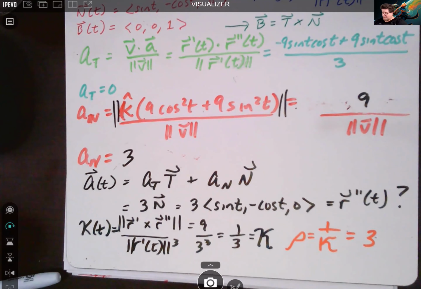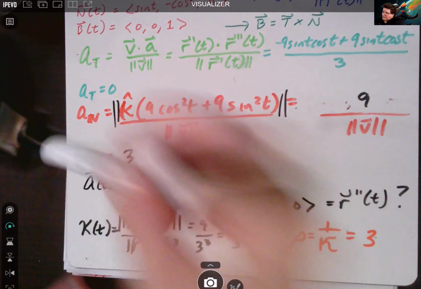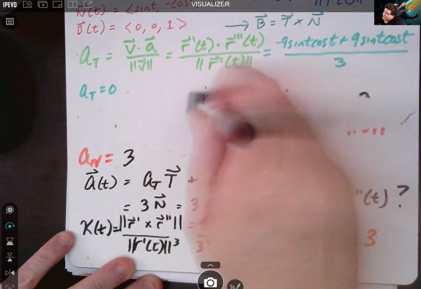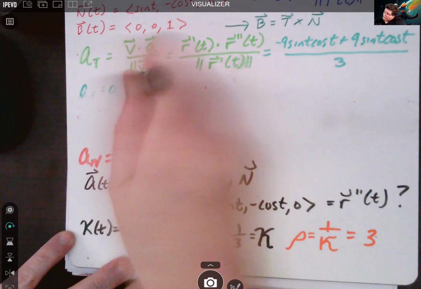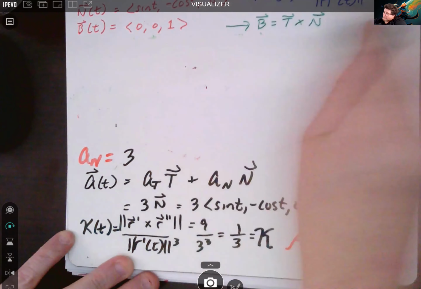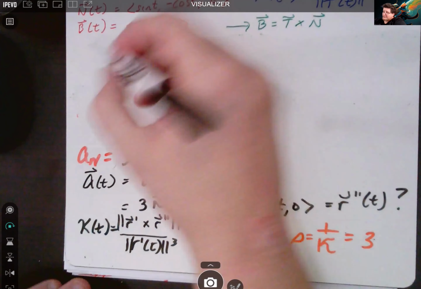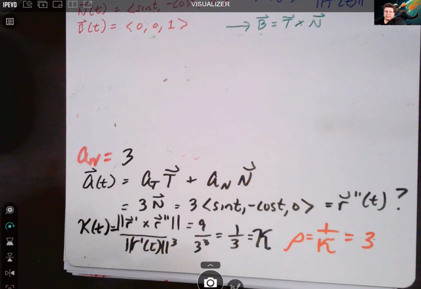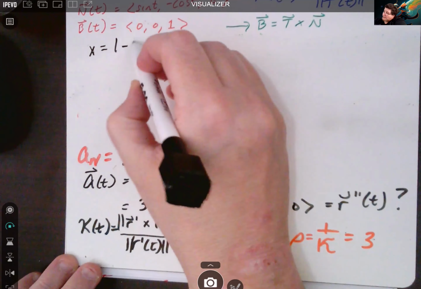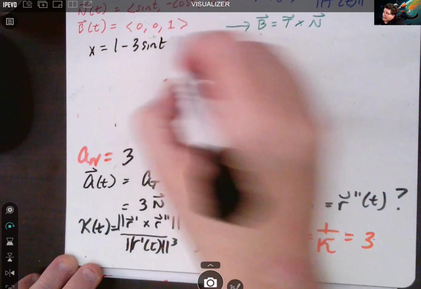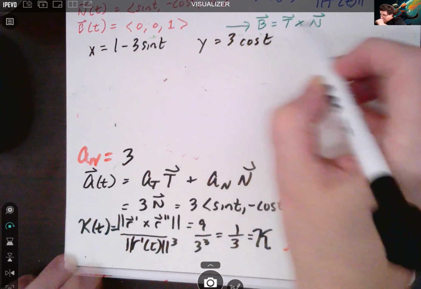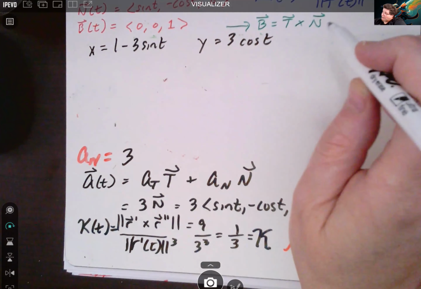And to answer Zach's question, what is this equation? Let's take a look. So we have x equals 1 minus 3 sine t, and we had y equals 3 cosine t, which is confusing.